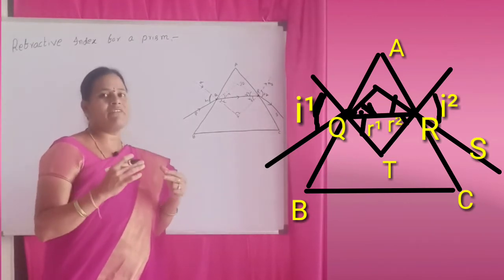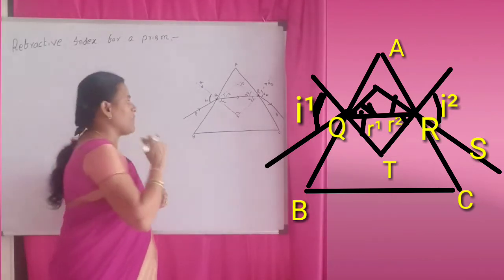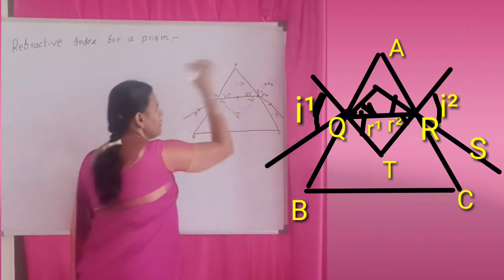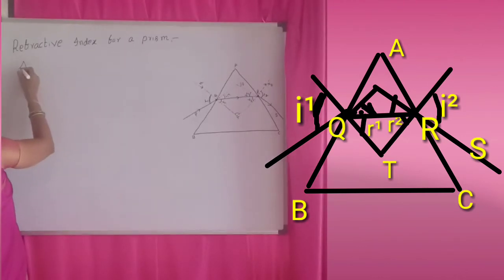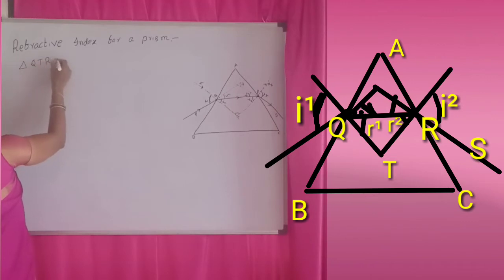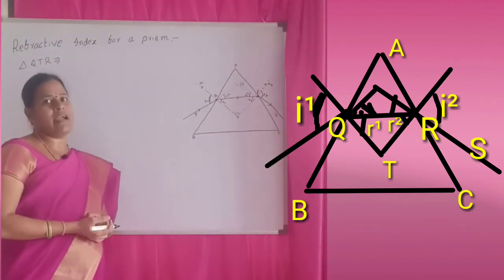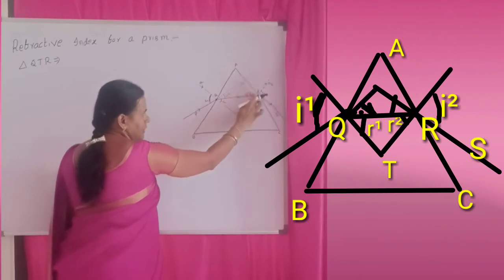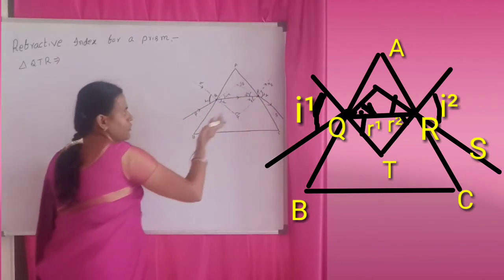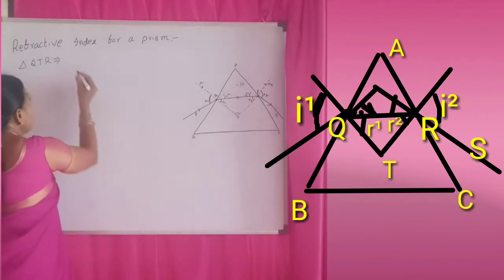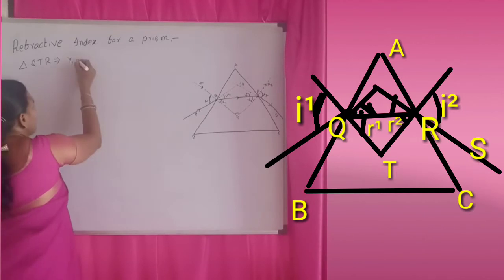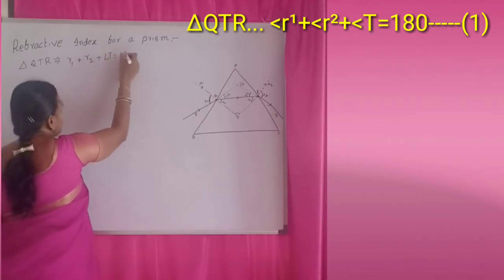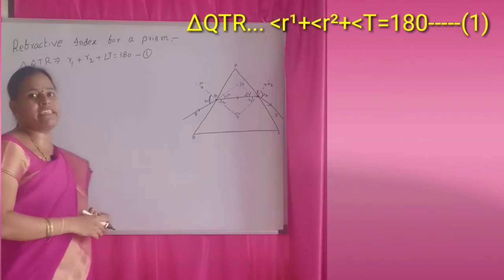From these three I will find the values of I and R. First I am taking the triangle QRT, or QTR.